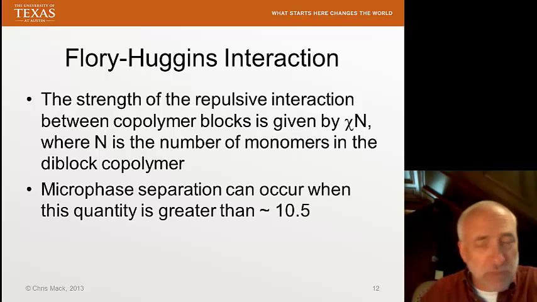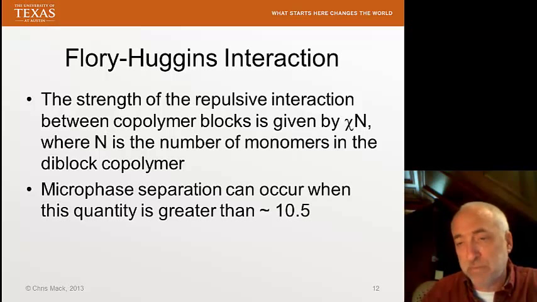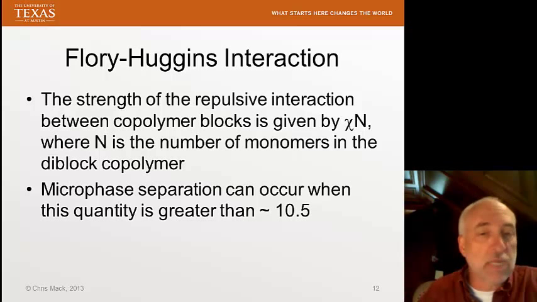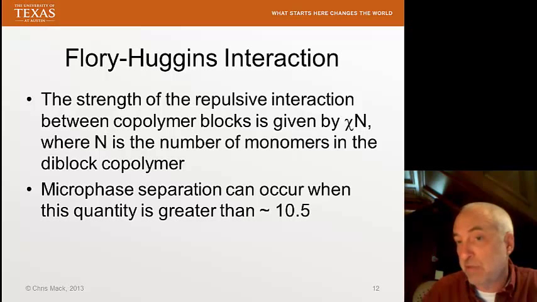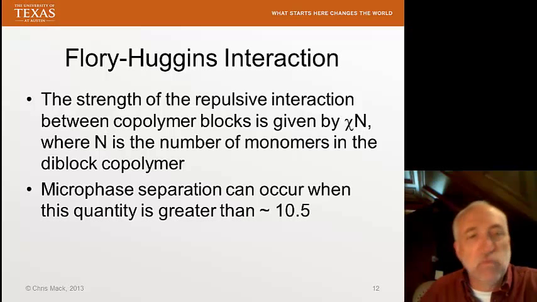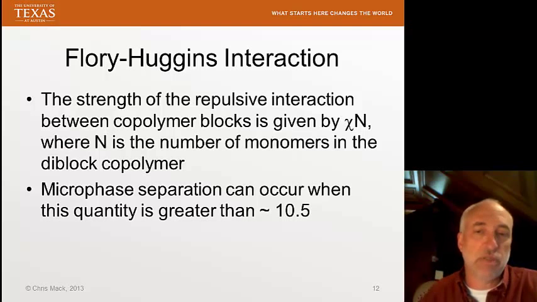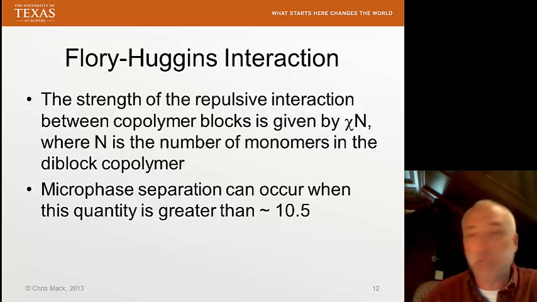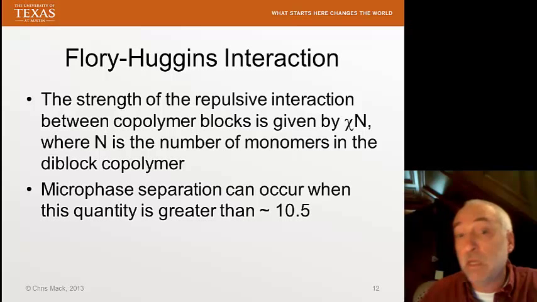And what people have observed theoretically is that we can start getting microphase separation whenever that quantity is bigger than about 10.5. Now experimentally, we find that we tend to get microphase separation when this number is larger than this, maybe closer to 15 or 20.